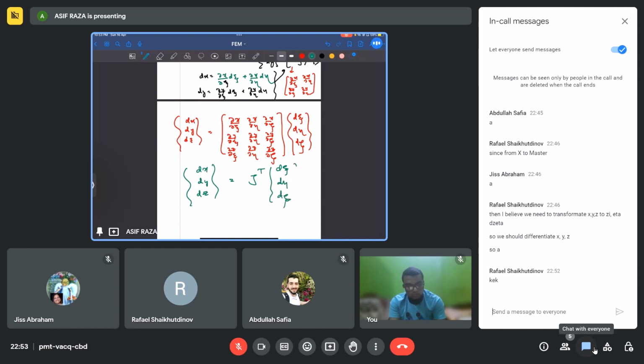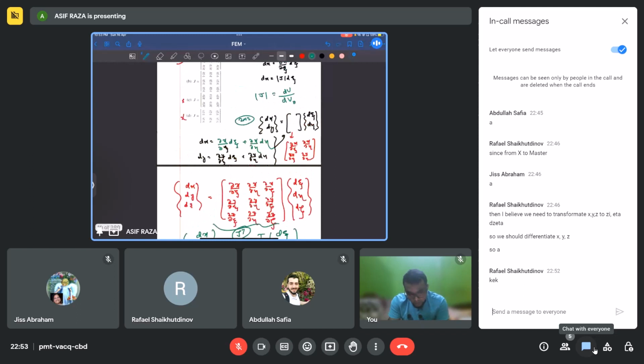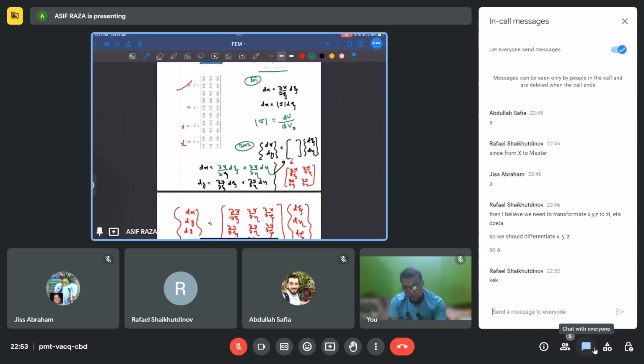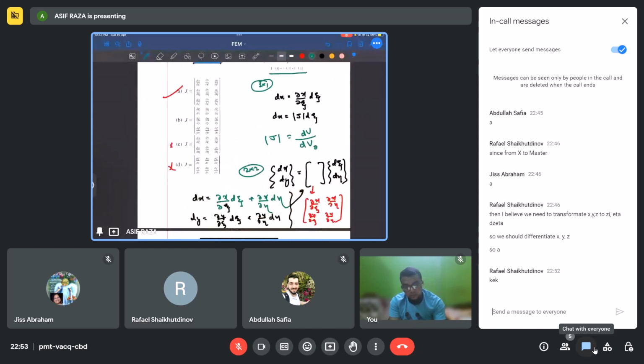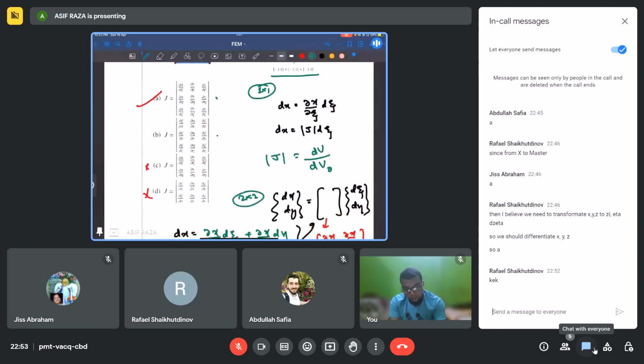This thing has been called J transpose. Could be, I don't know. Then if I transpose, J would be equal to this thing only.